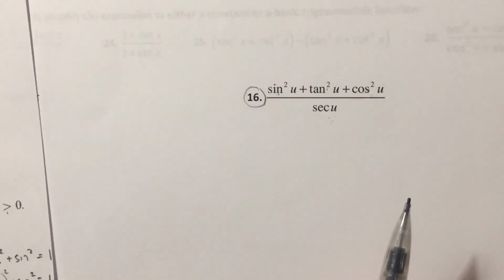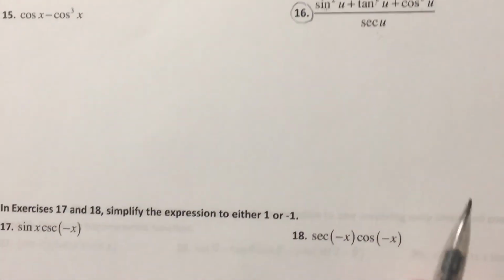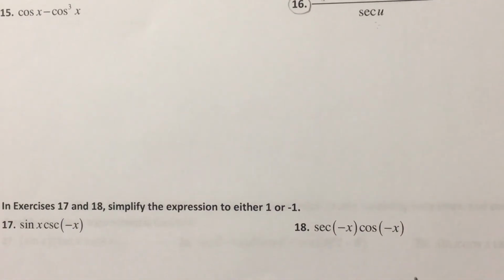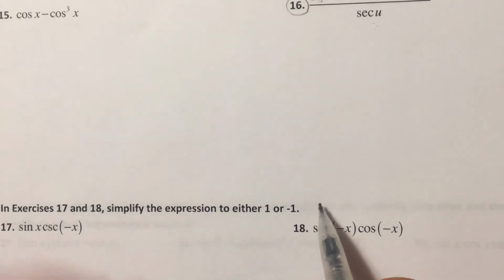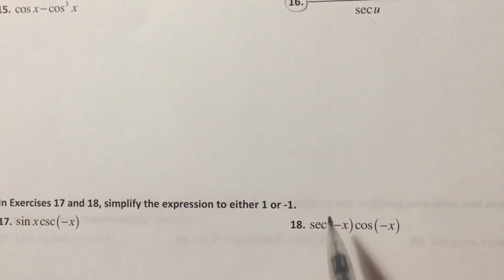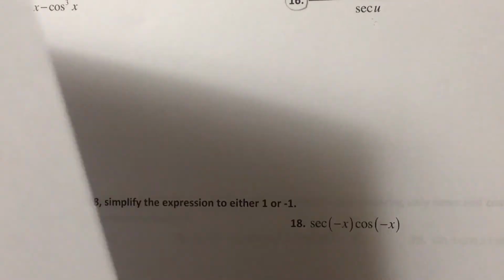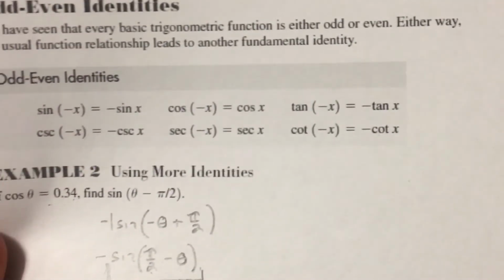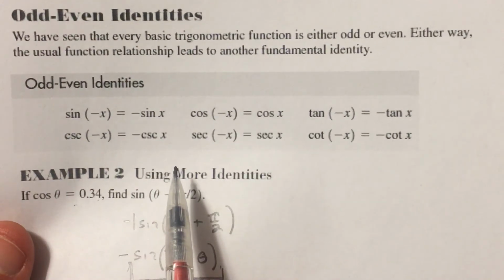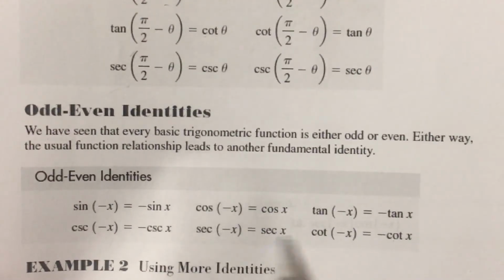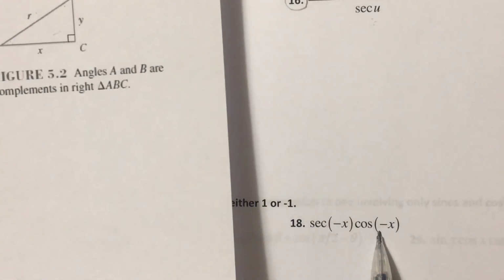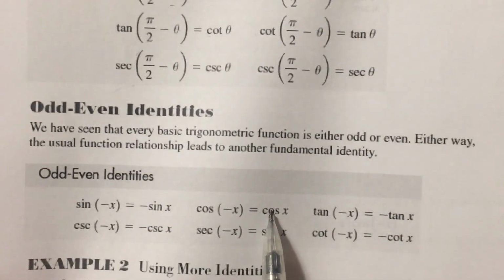And then 17 and 18 will get us into, I believe, our second worksheet for 5.1. When I see these negative signs in parentheses, I'm going to my odd or even identities. I notice I have a secant. Secant of negative x is just secant of x, and cosine of negative x is just cosine of x.